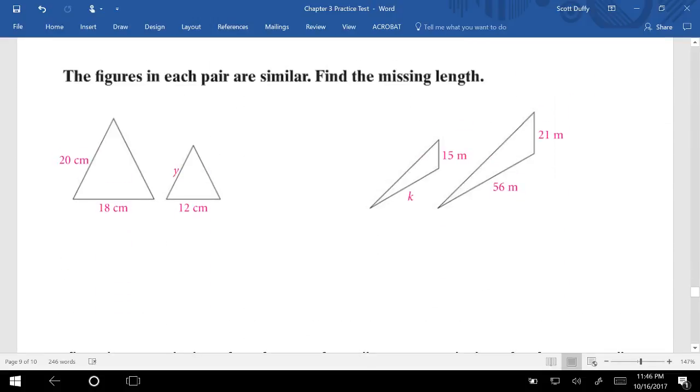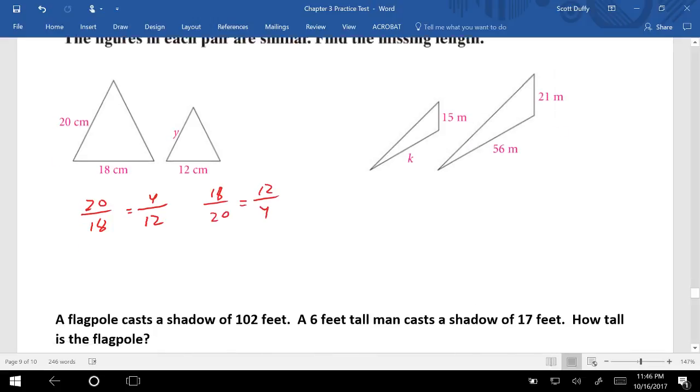Find the missing length. I want to find y. So I can set up many different ways. I can say 20 over 18 equals y over 12. Or I can set it up the opposite way: 18 over 20 equals 12 over y. Or 20 over y equals 18 over 12.